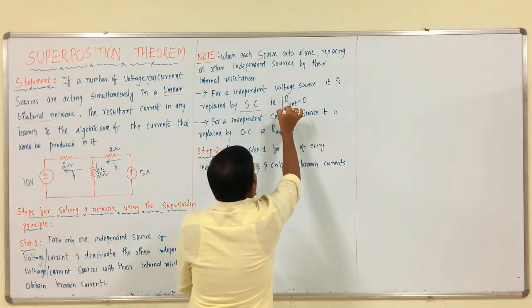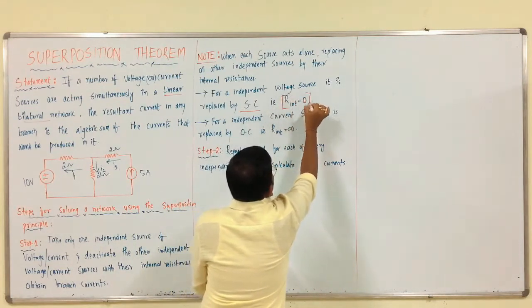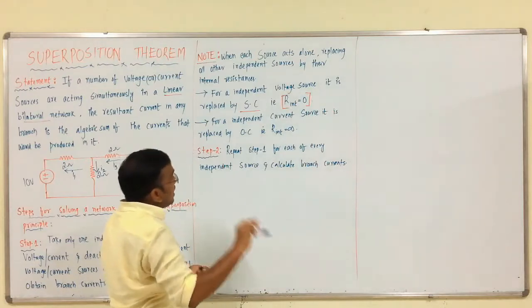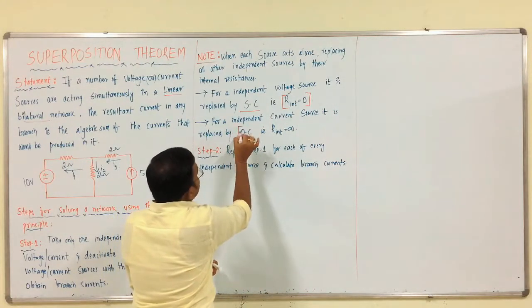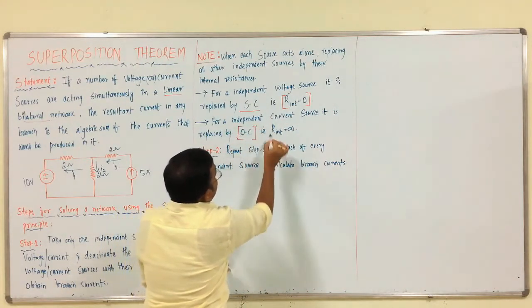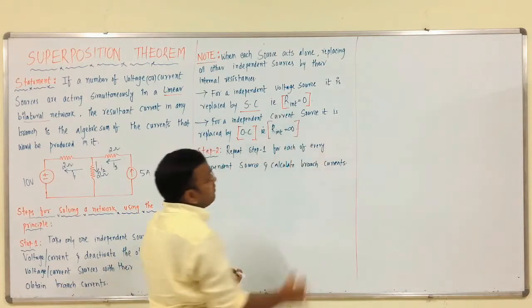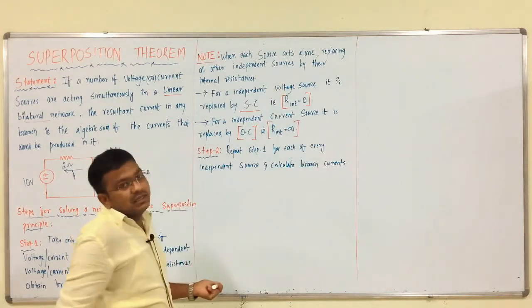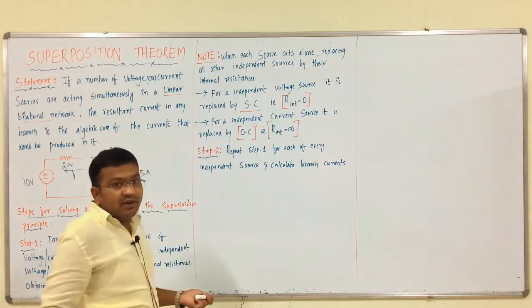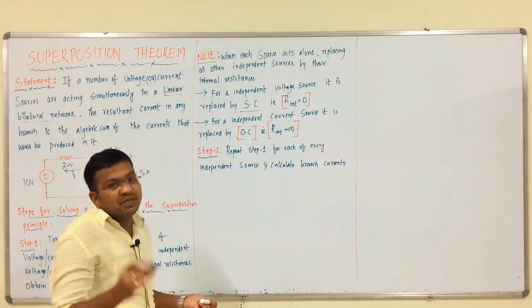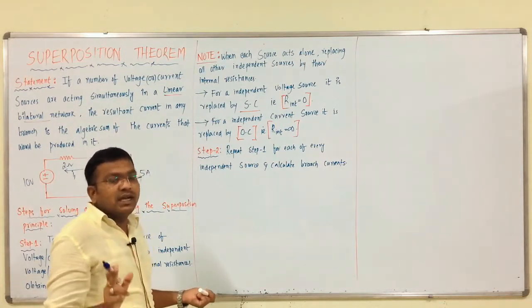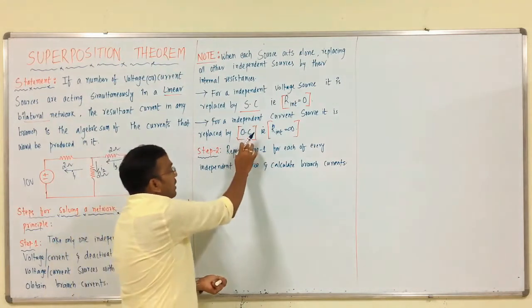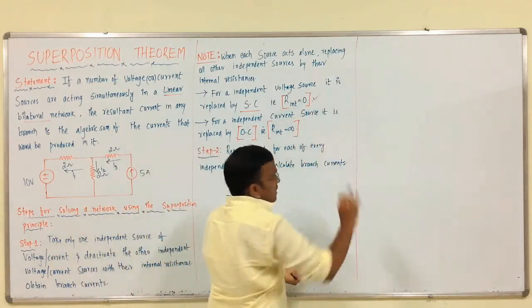That is R internal equals 0. A current source is replaced by open circuit, that is R internal equals infinite. We all know these observations, right. A voltage source is replaced by a short circuit. A current source is replaced by an open circuit. Why is it replaced by a short circuit? That is 0.